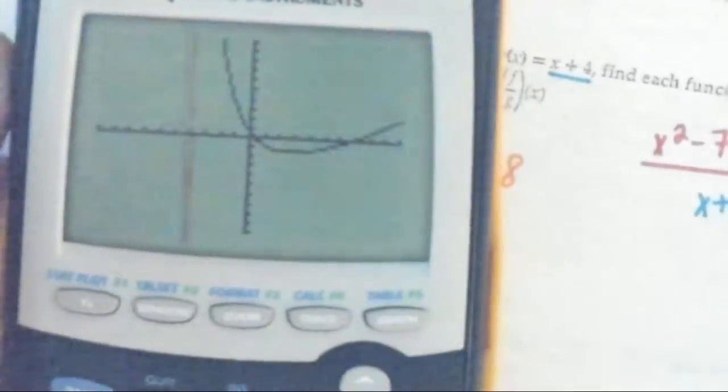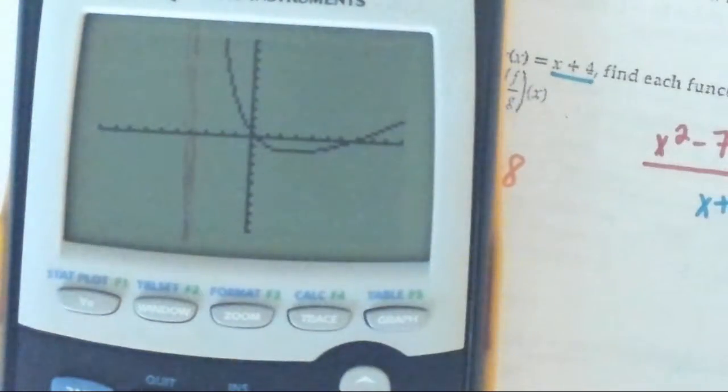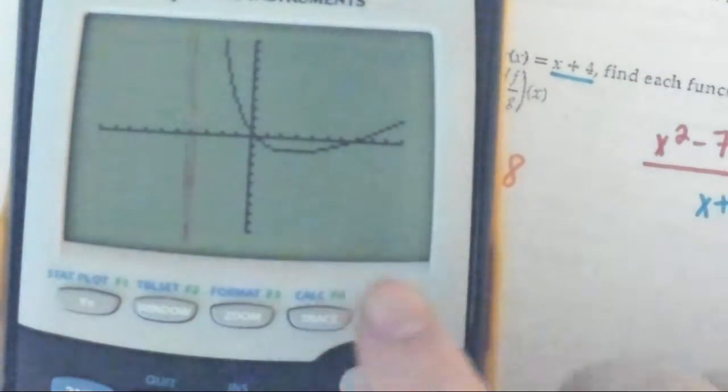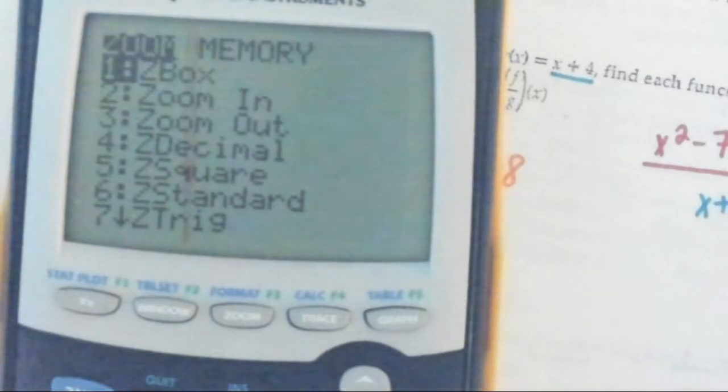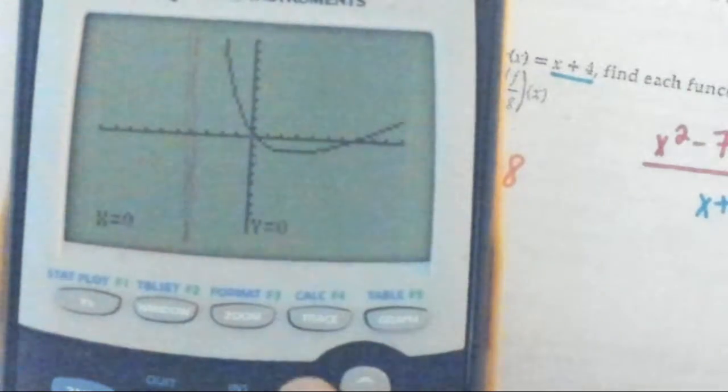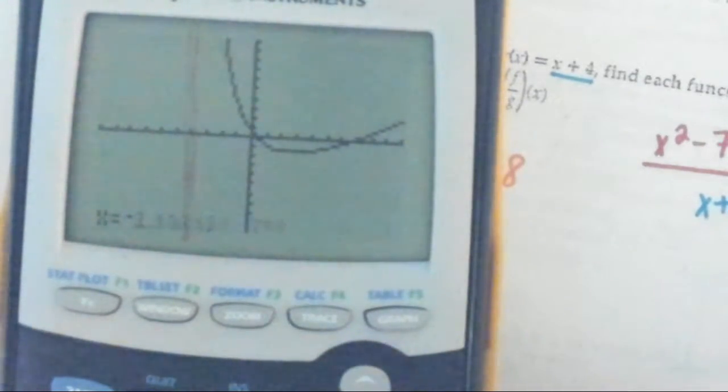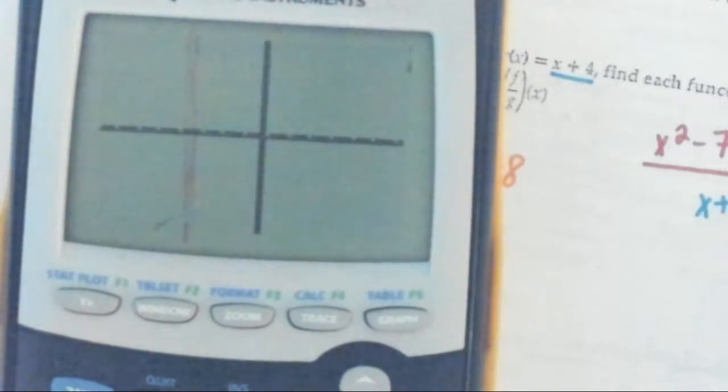If I zoom out even, notice how it's getting closer and closer to this, but it's never actually going to touch over here at negative 4. Why? Because that's a restricted part of the domain. We can't actually equal that. So if I zoom out. I want my new center over here. Oh, I did a terrible job zooming out.